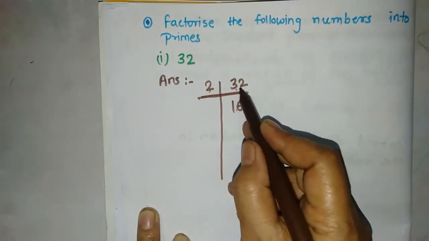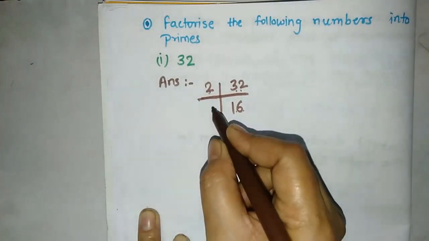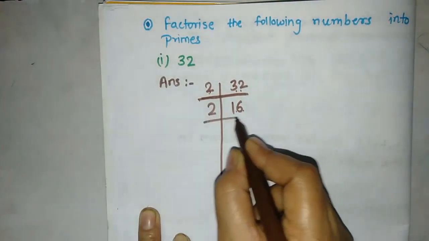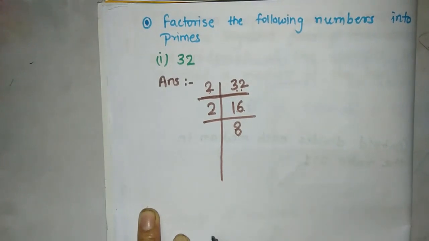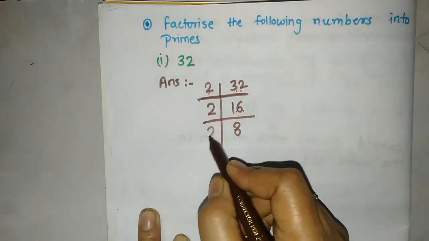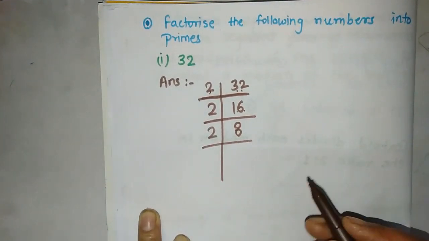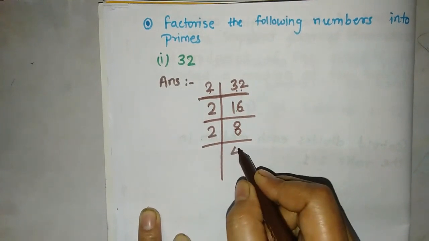16 2s are 32. Again it is an even number, so it is divisible by 2. 2 8s are 16. 8 is an even number, so again divide by 2. 2 4s are 8.